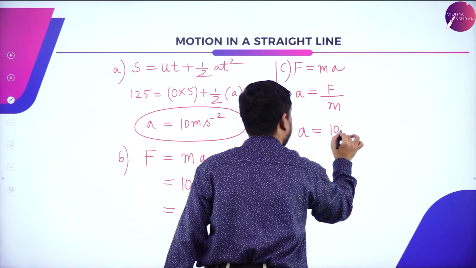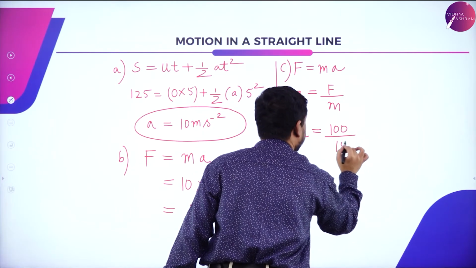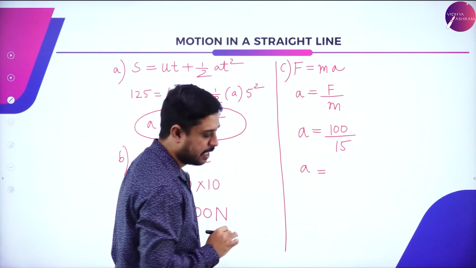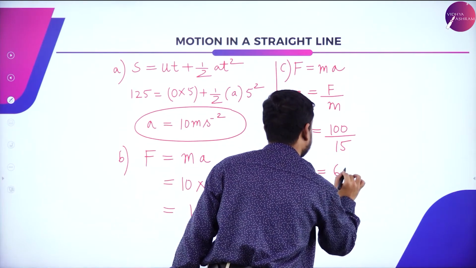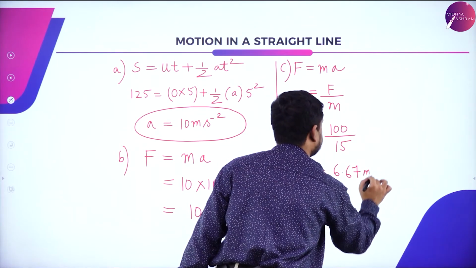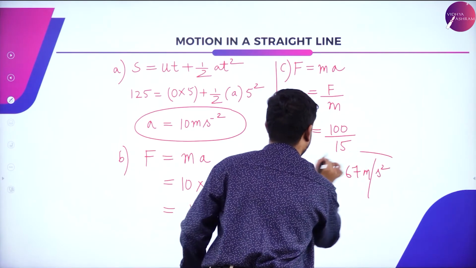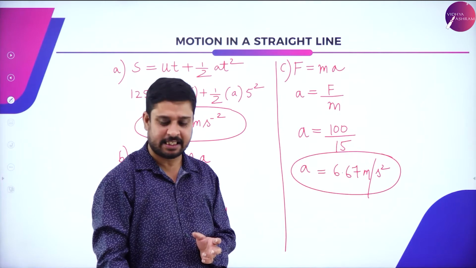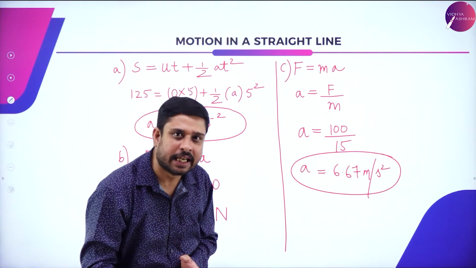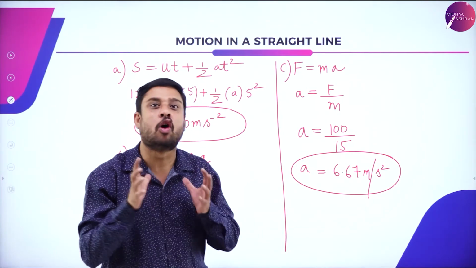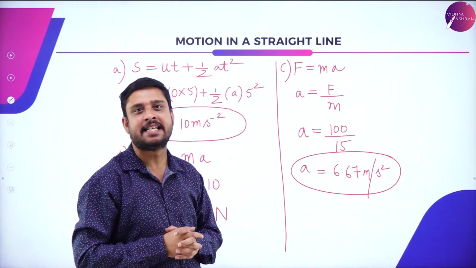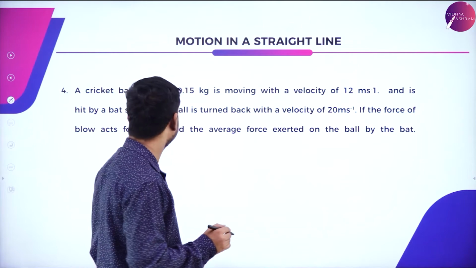Now 100 by 15. So in this case, the acceleration is 6.67 meter per second square. So I have calculated the acceleration caused in a body of mass 15 kgs. Next one.